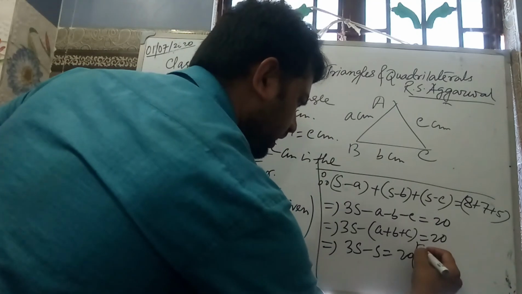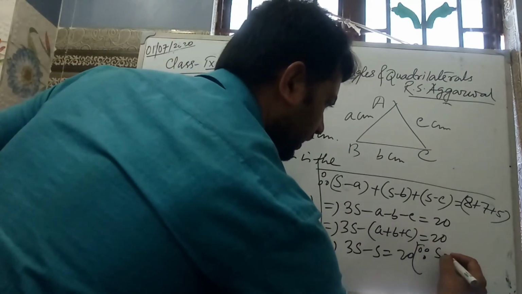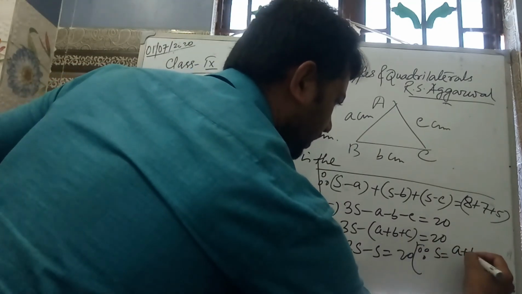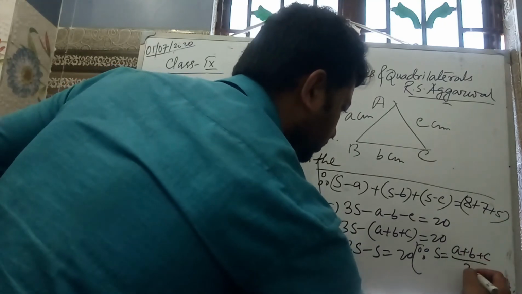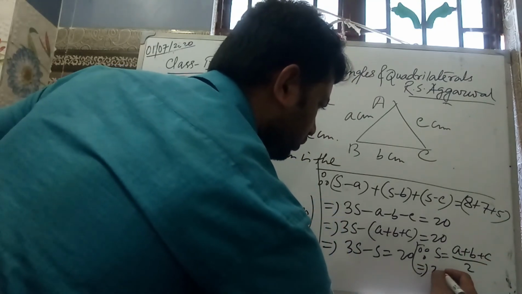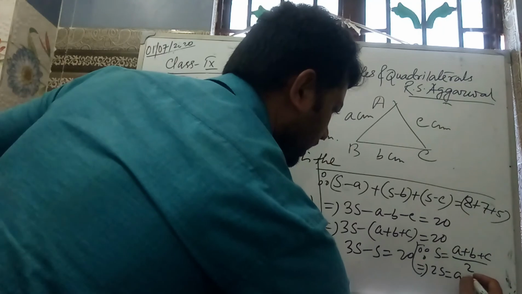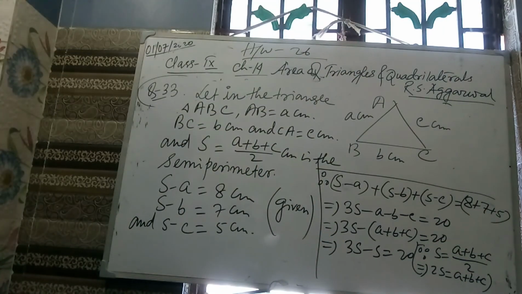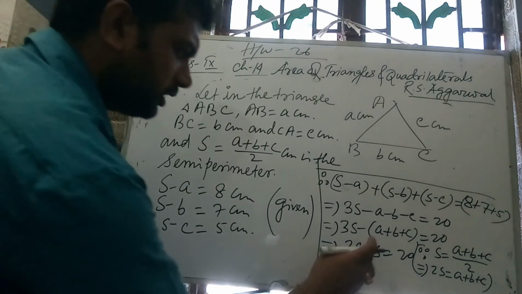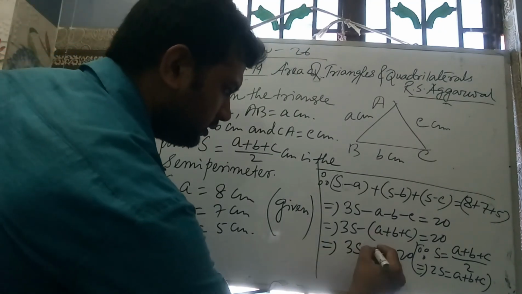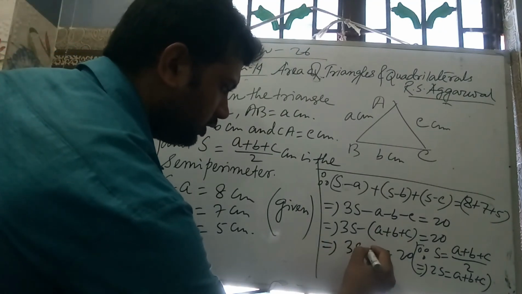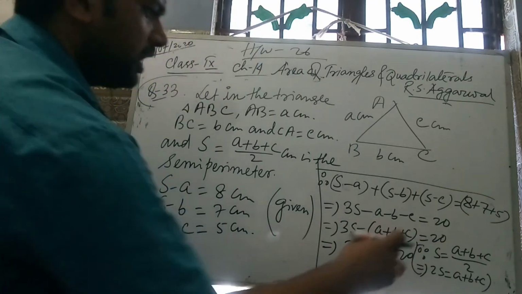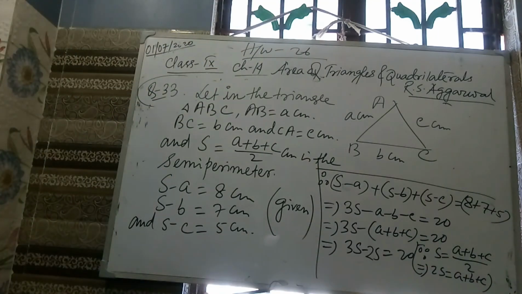Write down the logic here. Since s equal to a plus b plus c by 2, that implies 2s equal to a plus b plus c. So a plus b plus c equal to 2s.